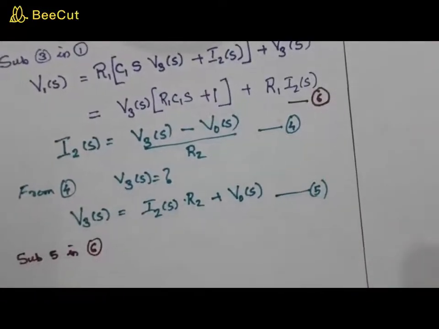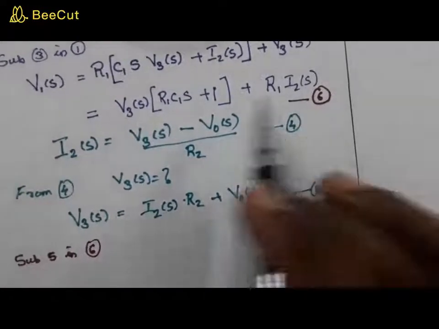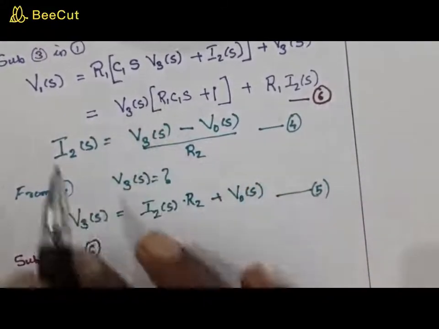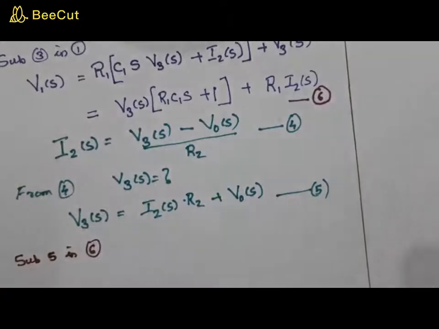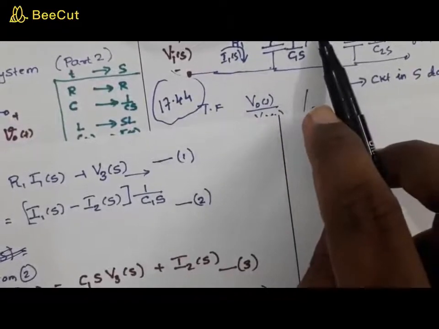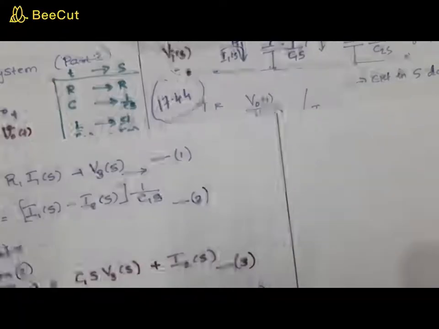Now on substituting 5 in 6, you can get rid of this V3 of s, so that you can represent your V1 of s in terms of I2 of s. That means you have moved one step further, to I2 of s. That means you are approaching this output.